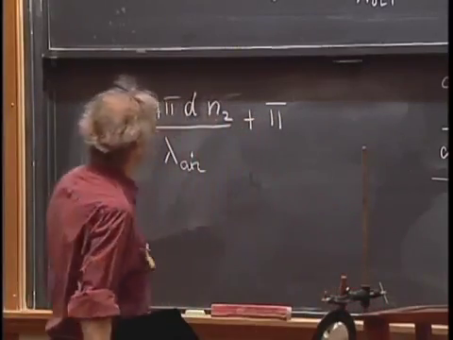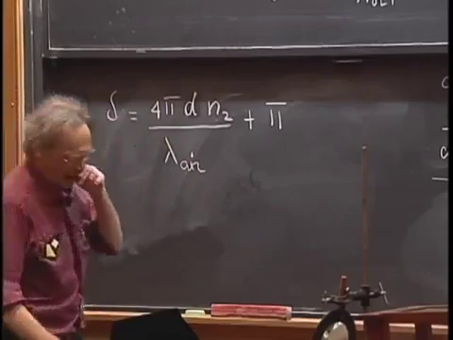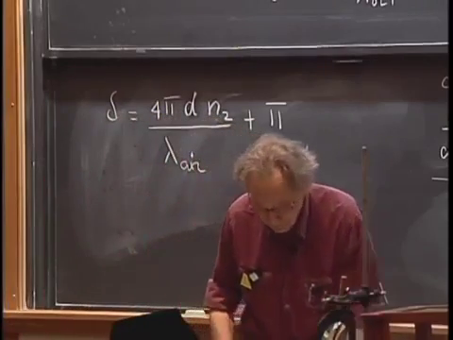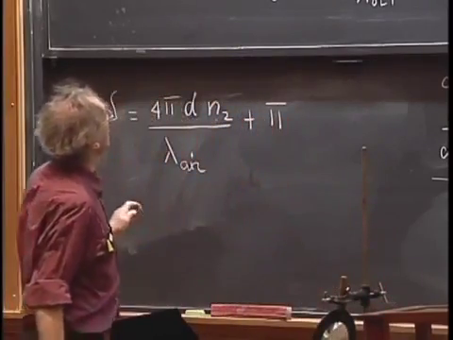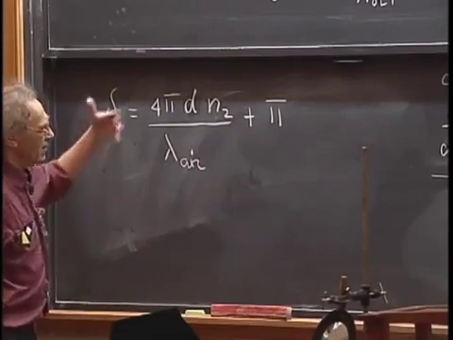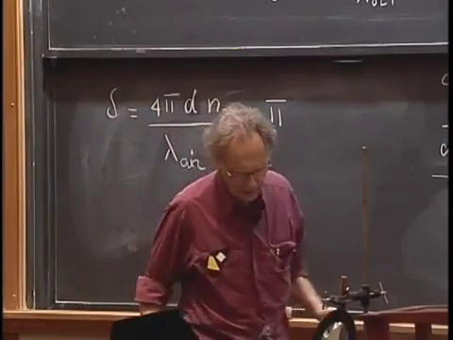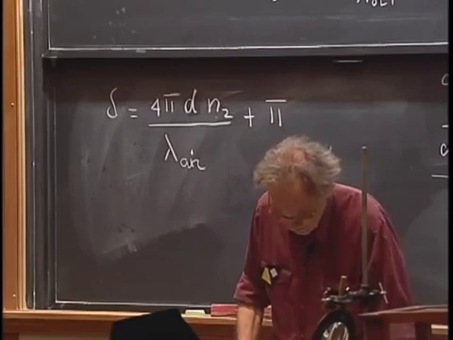All right. So we agree, right, that this is in this case the phase angle. So now we're going to ask ourselves the question, what thicknesses are required to get minima and to get maxima?